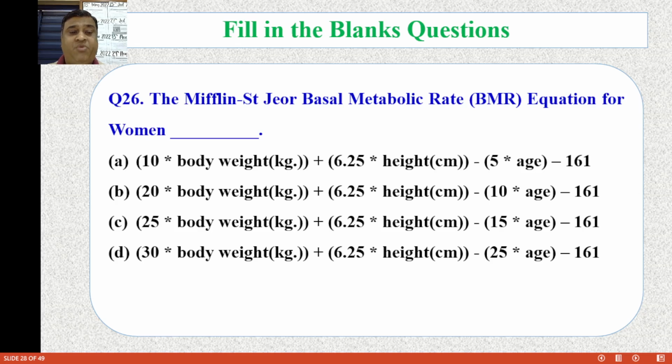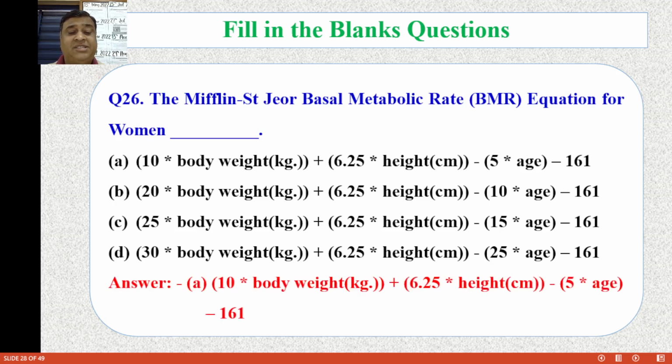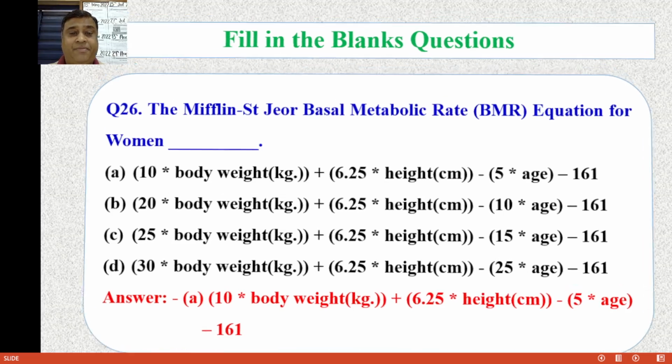Option C, 25 into body weight in kgs plus 6.25 into height in centimeters minus 15 into age minus 161. Option D, 30 into body weight in kgs plus 6.25 into height in centimeters minus 25 into age minus 161. The correct option is A, 10 into body weight in kgs plus 6.25 into height in centimeters minus 5 into age minus 161.